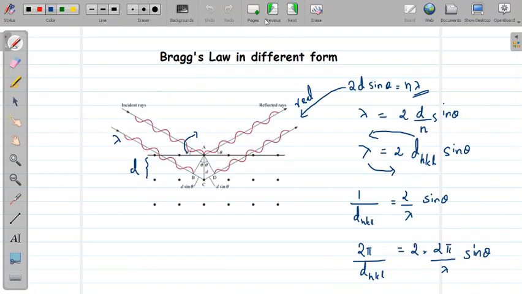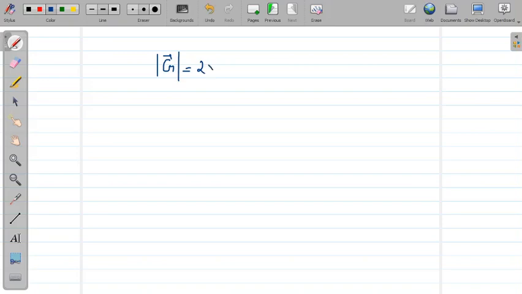And the other factor is 2 into 2 pi by lambda. What is 2 pi by lambda? 2 pi by lambda is k. So 2 into k into sine theta. So this is the Bragg's law. Here k represents the magnitude of the wave vector, and mod g represents the magnitude of the reciprocal lattice vector.